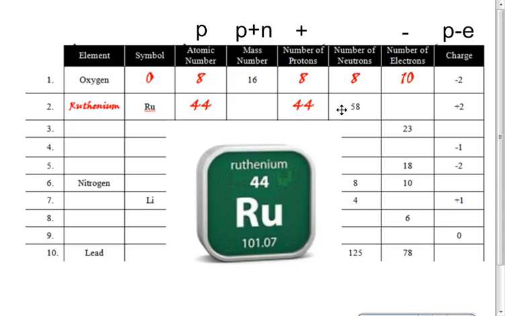Now, this is a little different potentially. We're going to learn about this later in the week. It says 101.07. So some of you would round this and say 101. Problem is it's protons plus neutrons. We're going to have a discussion about a thing called isotopes later, but 44 plus 58 equals 102. So these two together equal my mass number.